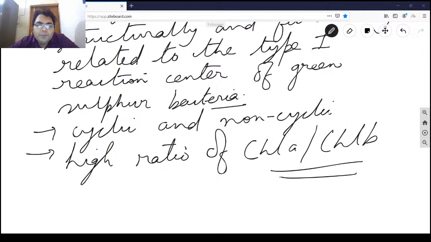Okay, now these two reaction centers in plants act in tandem to catalyze the light-driven movement of electrons from H2O to NADP+. We have known this altogether.